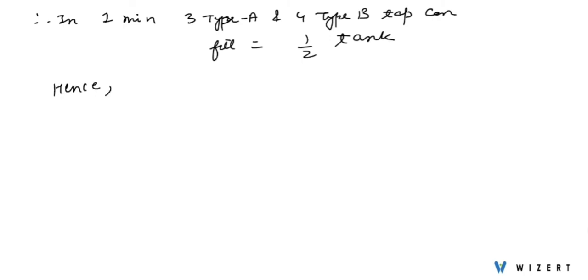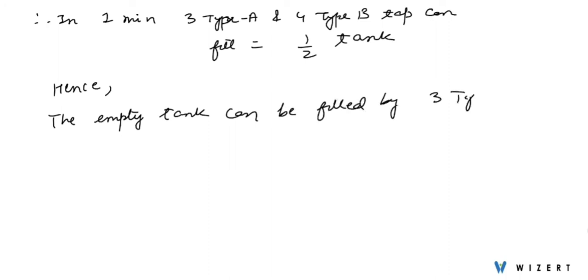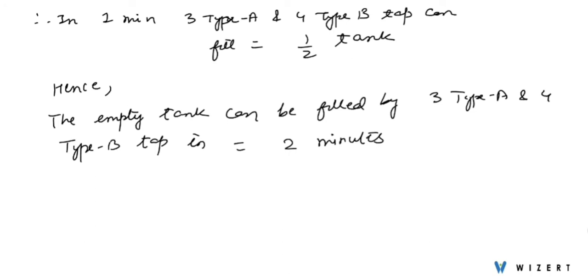So the empty tank which is to be filled can be filled by these 3 type A and 4 type B taps in, let's take the reciprocal, 2 minutes. So in 2 minutes the empty tank can be filled if 3 type A and 4 type B taps are present. This is our answer.